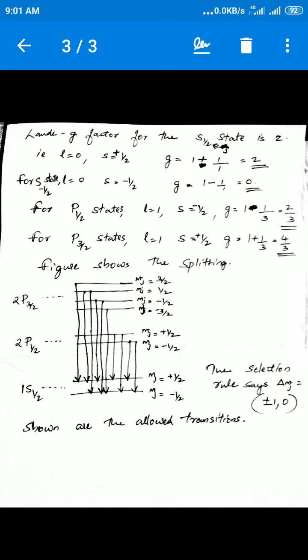Now let us see the splitting of the 1S half, 2P half and 2P 3 by 2 states. So 1S half is split into 2.